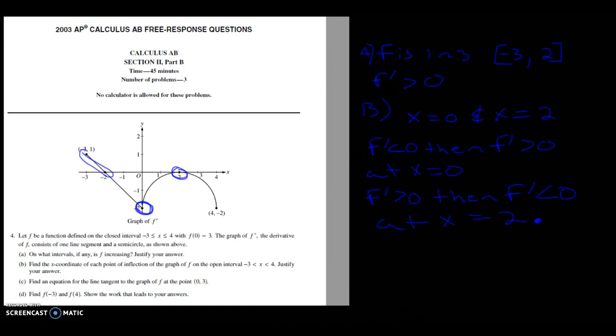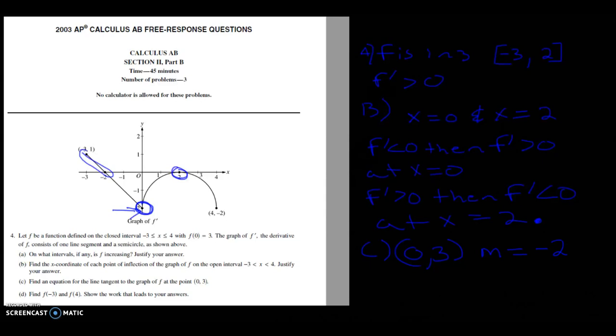Okay, part C says, find an equation for the line tangent to the graph of f at the point (0, 3). So we have a point. Now we need a slope. This is the graph of the slope, so m equals -2. It's whatever the value is over here.